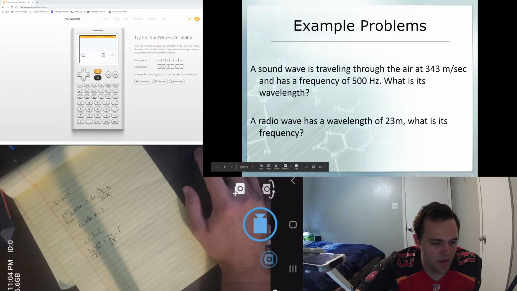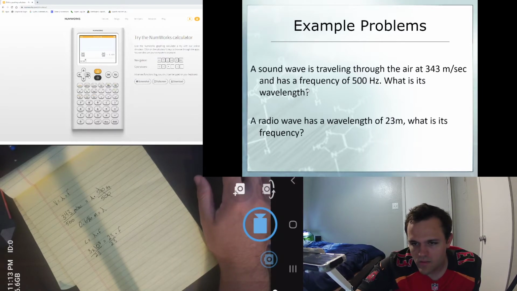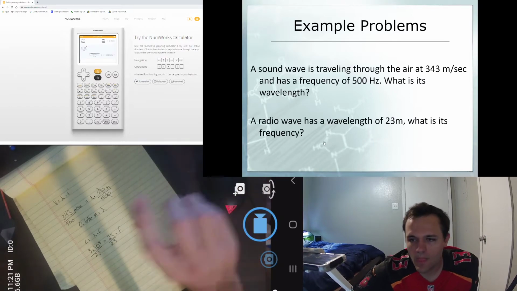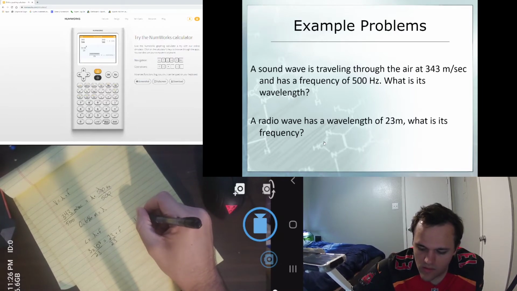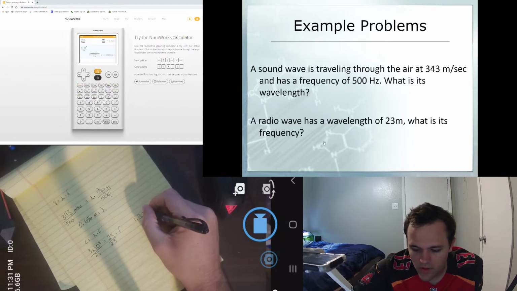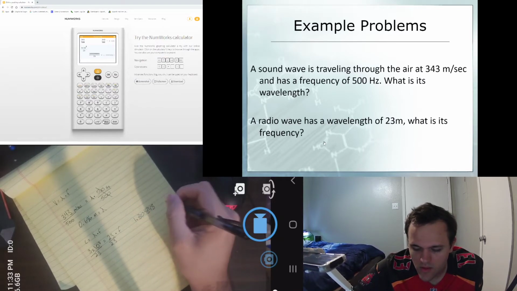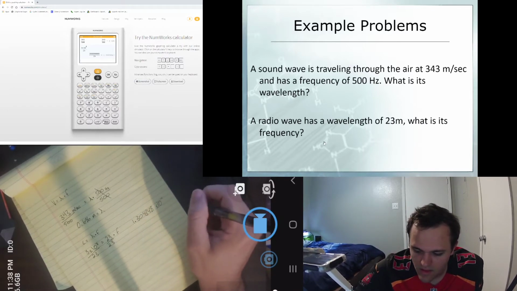So let me go back to my calculator real quick. Here I'm going to say 3 times 10 to the 8th power, oops, that's not right, divided by 23. And that's going to come out as 1.304348 and so on, times 10 to the 7th.